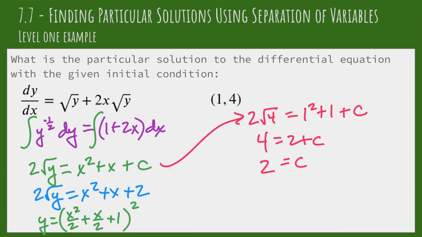Now we need to consider if we're going to have any domain or range issues. The y values here and here have to be positive, but it turns out that squaring this side is going to give us something that's positive, or 0, which is okay. We can plug any x value in here and we're going to get a solution. We don't have any discontinuities, so no issues here. That's our answer.